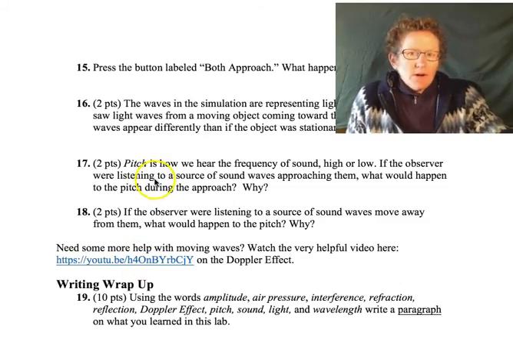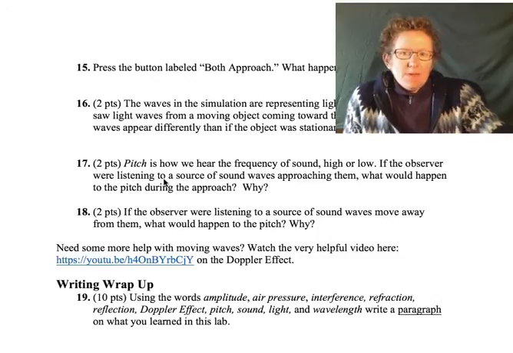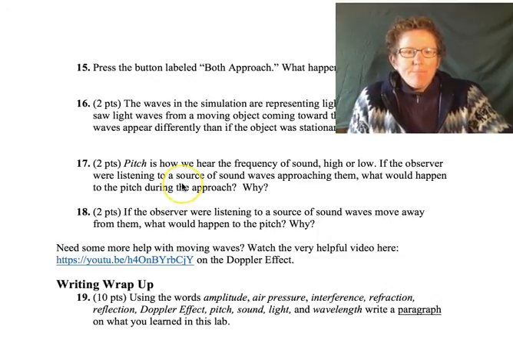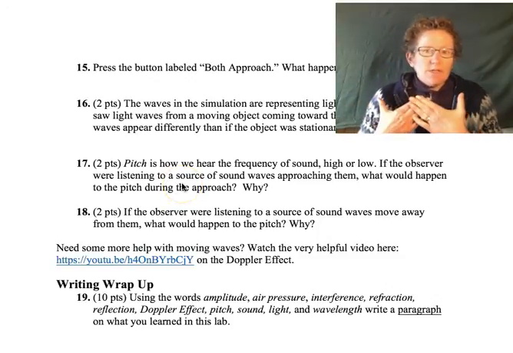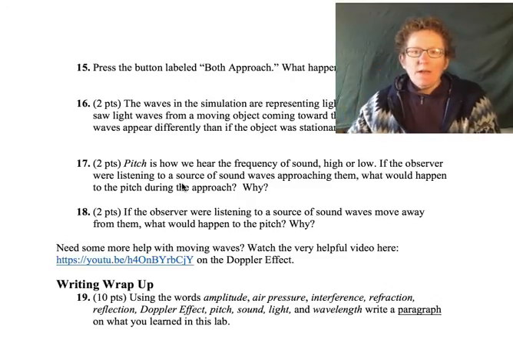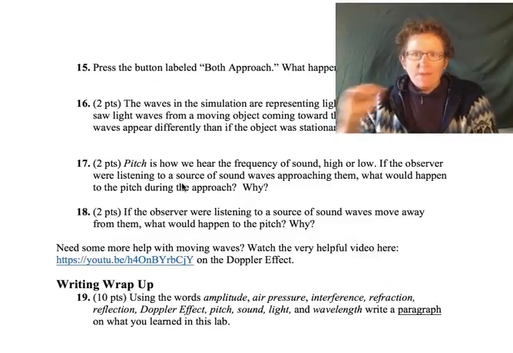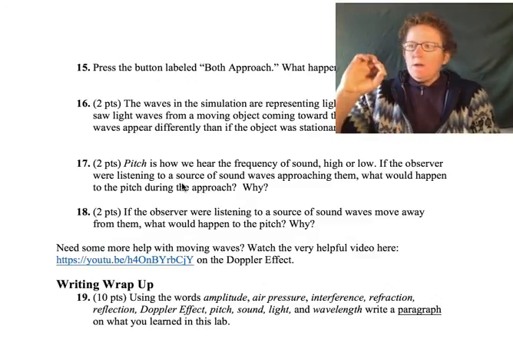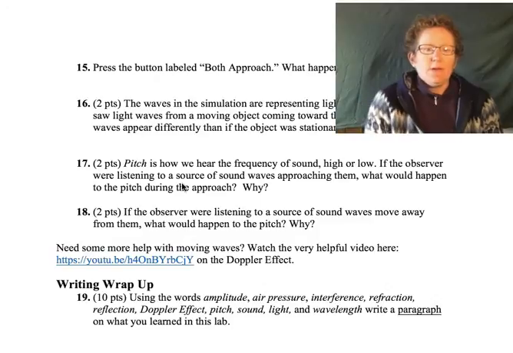So now we've heard what the Doppler effect sounds like. A source was approaching us, we heard a higher sound, and then as the car headed away, that car horn got lower as it went away.